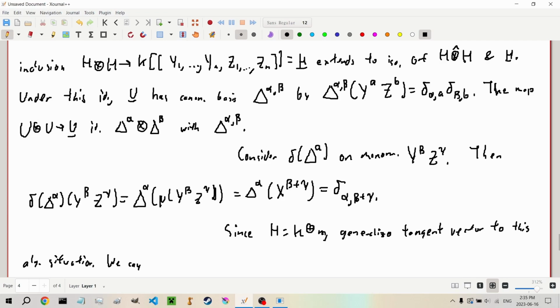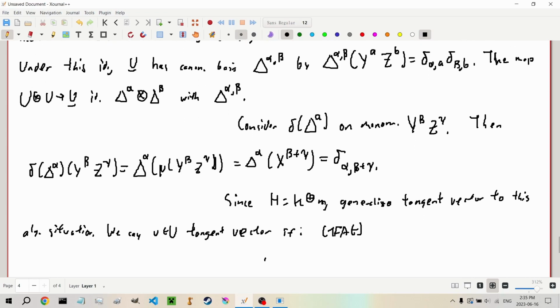We say u in U is a tangent vector if, and we note these conditions are equivalent, first off, u from h to k is a derivation.